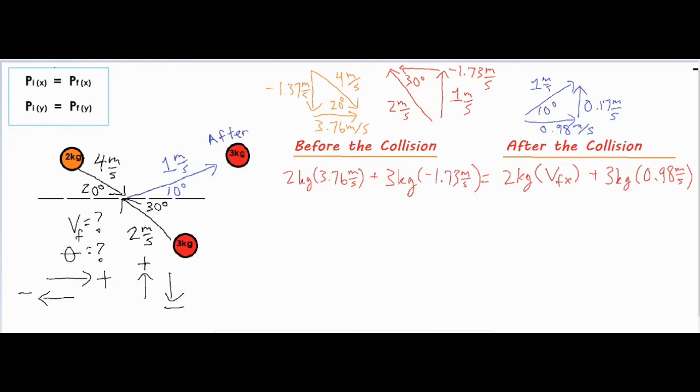So I went ahead and used my momentum formula of mass times velocity, only using the x components at this point, and I did the mv for both things before the collision and then the mv of everything after the collision. And then after finding the product of these numbers here, you would do a little bit of basic algebra, and you find out it is negative 0.61 kilogram meters per second equals 2 kilograms times VFX.